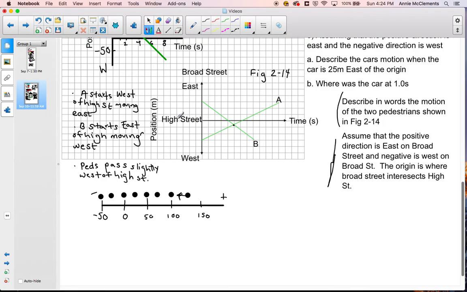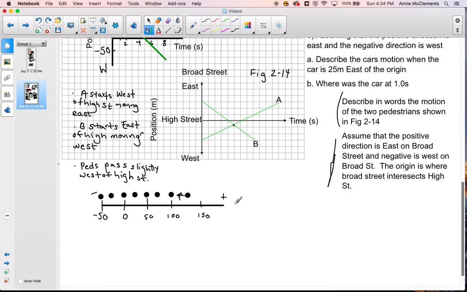And remember, High Street here is, in this context, our origin, right? So think about these are two streets. High Street is maybe intersecting Broad Street. Right, the pedestrians pass each other slightly west of High Street, and then they both continue walking in their respective directions, right? So if your description included any of those details, hopefully all of them, you are on the right track.